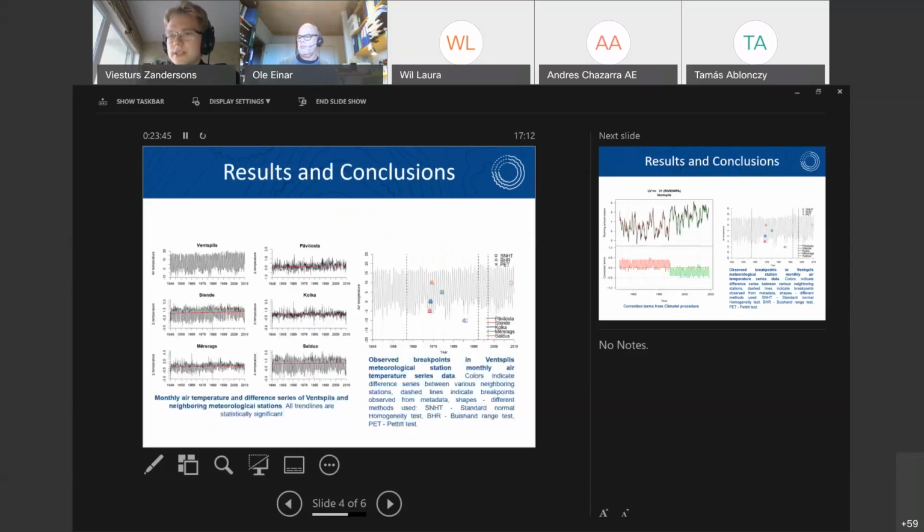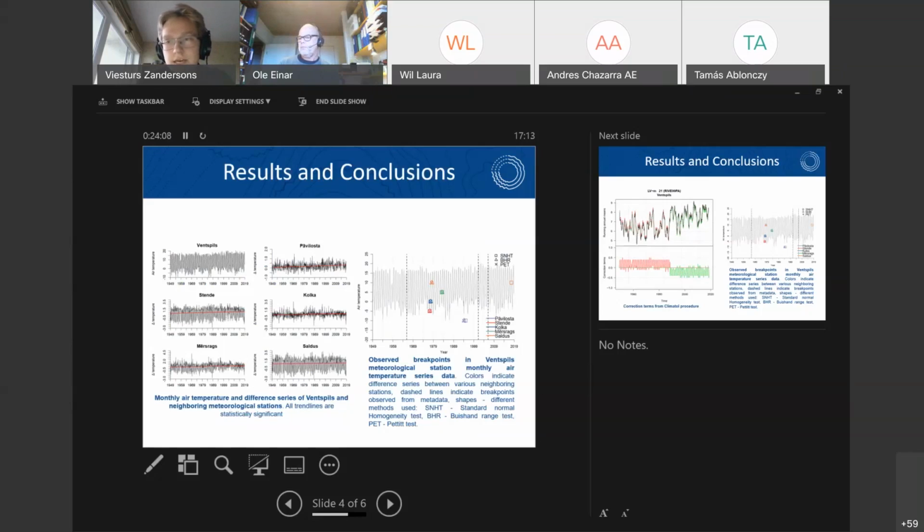So the results were quite interesting. In multiple stations we found that the breakpoints were detected in the middle of the difference series, and what was very intriguing to us was that there was no indication in the metadata that there should be any breakpoints.